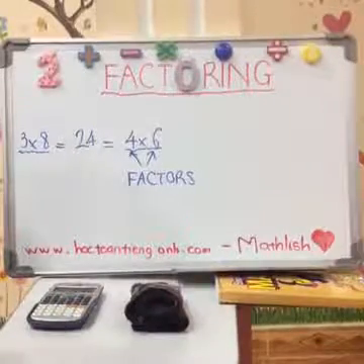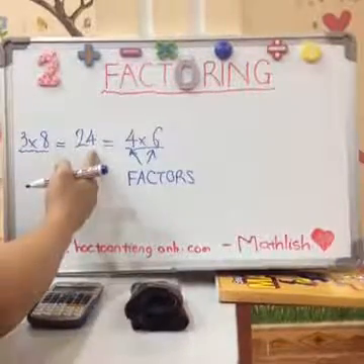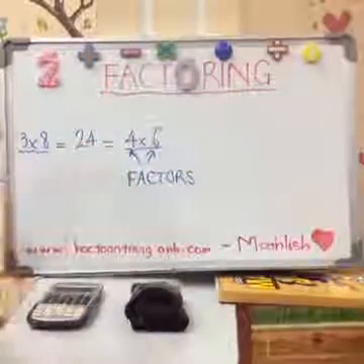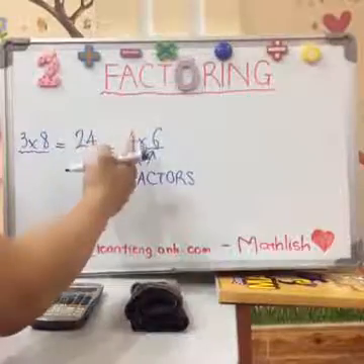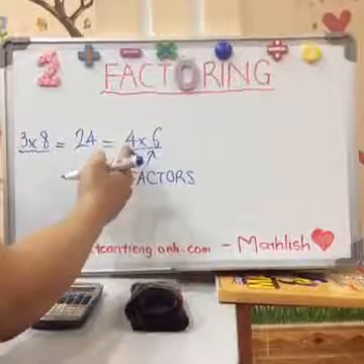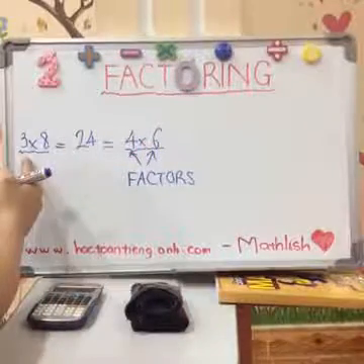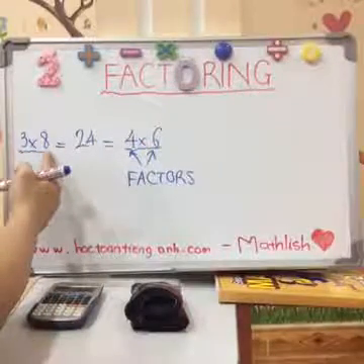So we can see that the number 24 has quite a few factors. 4 is a factor, 6 is a factor, 3 is a factor, and 8 is a factor.